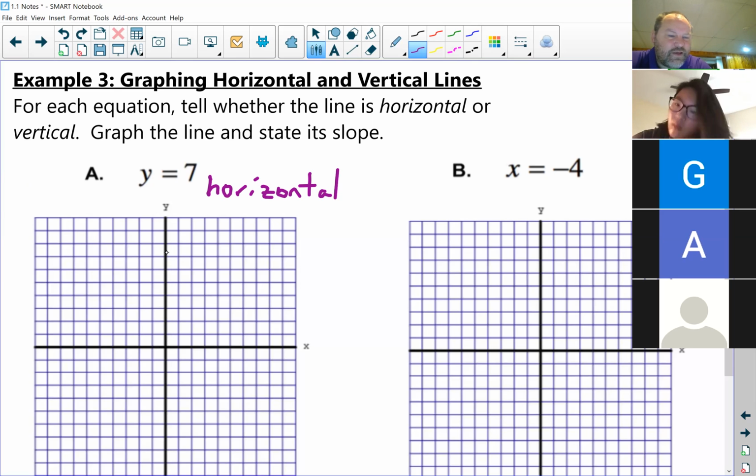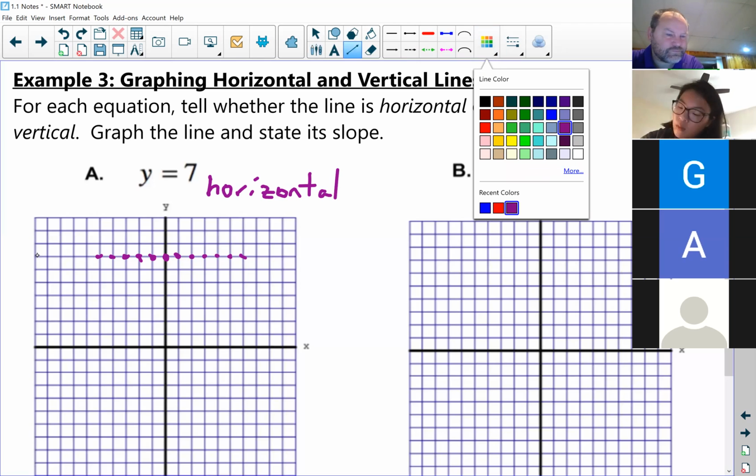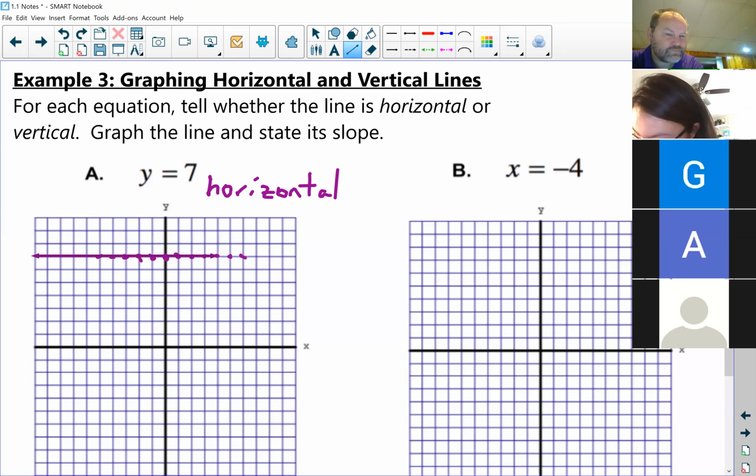So this is a line where every point has a y coordinate of 7. So there's my graph. What is the slope?